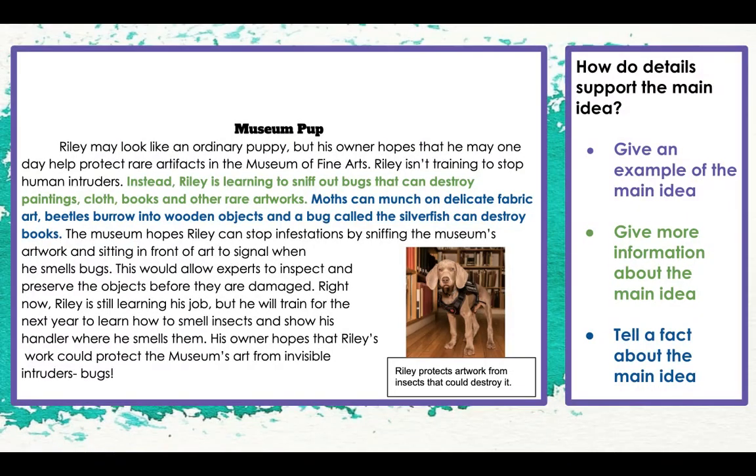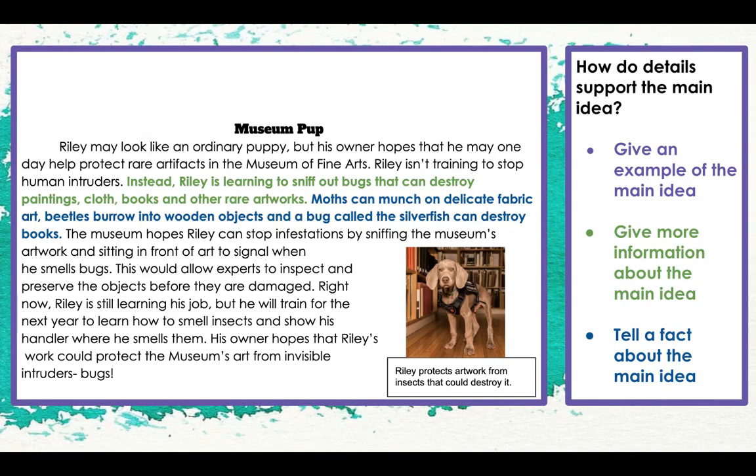Moths can munch on delicate fabric art. Beetles burrow into wooden objects, and a bug called the silverfish can destroy books. The museum hopes Riley can stop infestations by sniffing the museum's artwork and sitting in front of art to signal when he smells bugs. This would allow experts to inspect and preserve the objects before they are damaged.